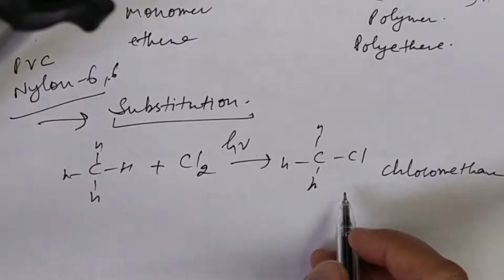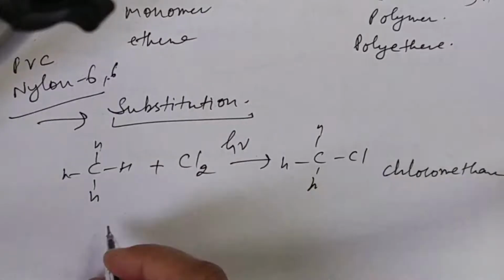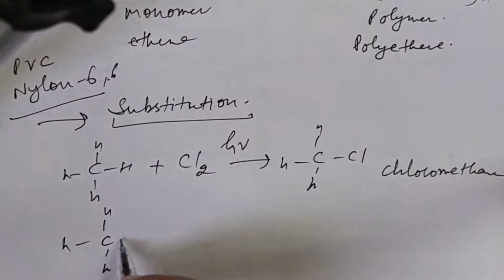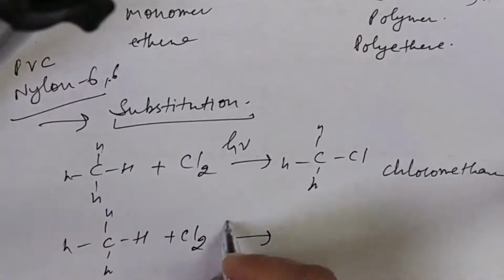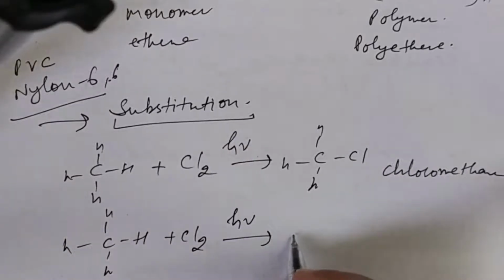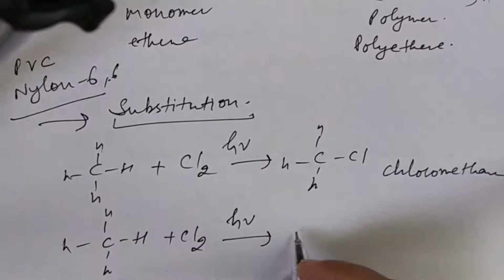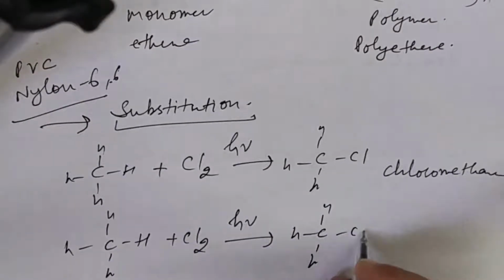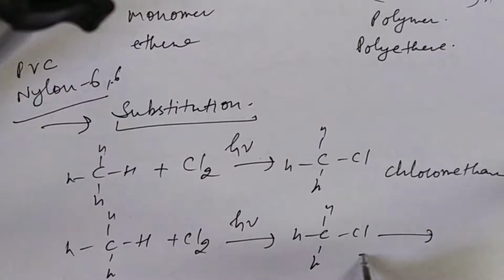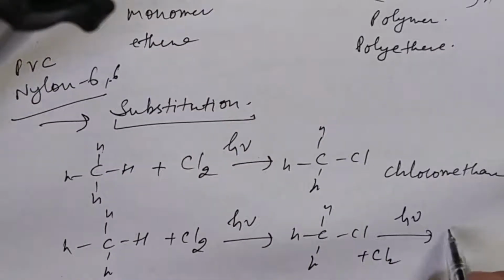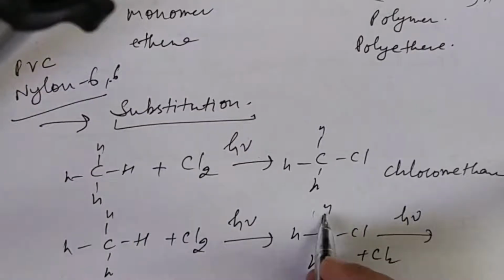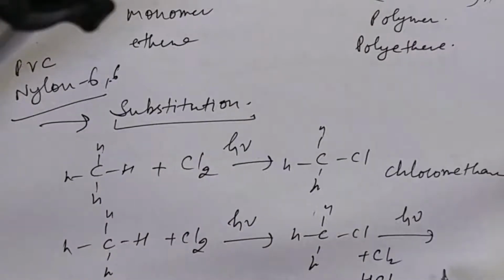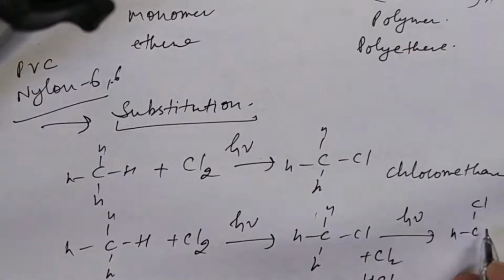In a similar manner, you can also see here the substitution reaction in which further hydrogen atoms can be substituted easily. First this one hydrogen atom can be substituted, then again, if you are adding chlorine molecule in the presence of sunlight, another hydrogen atom can be replaced. One Cl is there, one hydrogen is there, so HCl will be removed, hydrogen is replaced by chlorine atom, and here dichloromethane is formed.